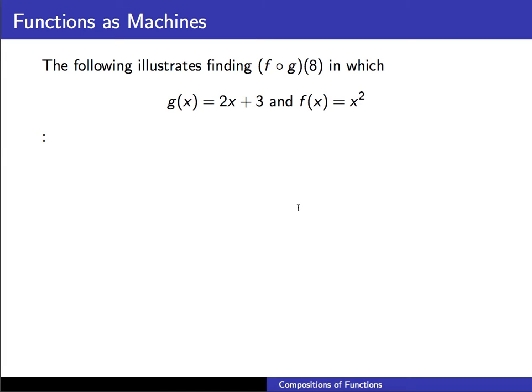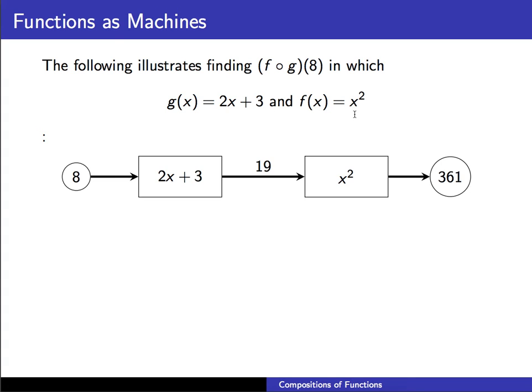So here we're going to have an illustration of f of g of 8, in which g of x is 2x plus 3 and f of x is x squared. So we're going to start with the function that is after the open circle. With compositions of functions, we always work from the right back to the left. So f of g of 8 means first we have to figure out what g of 8 is. Now g's whole purpose in this example is to double whatever you give it and add 3.